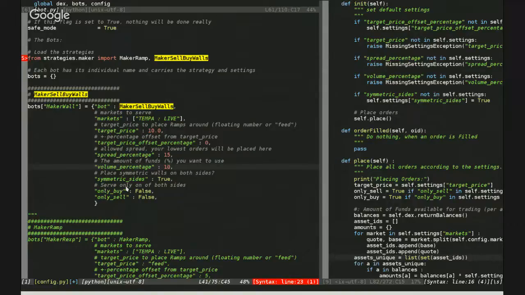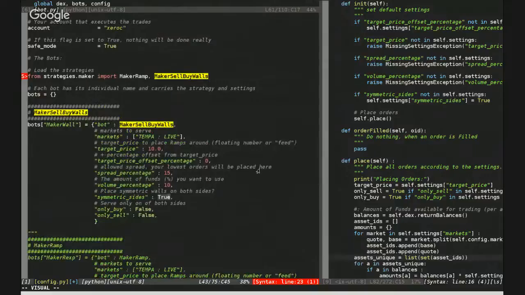And we can do symmetric sides, so that in the end we don't put all... if your balances are not symmetric, then if you have this on false, your orders will not be symmetric. And then you can also just serve one of the both sides and only buy or only sell.